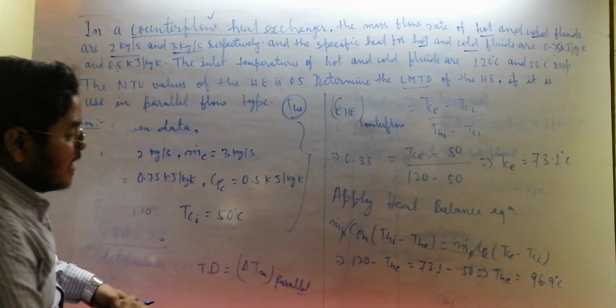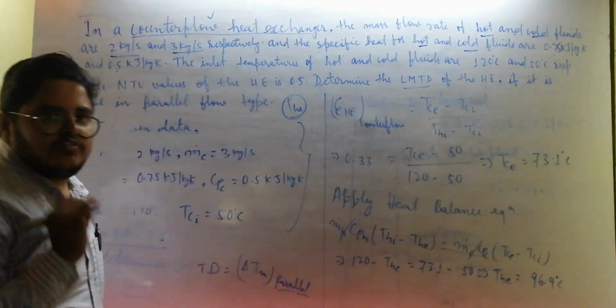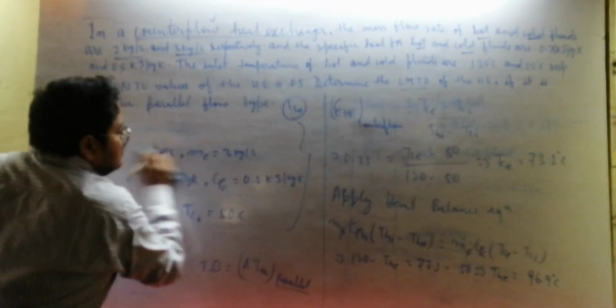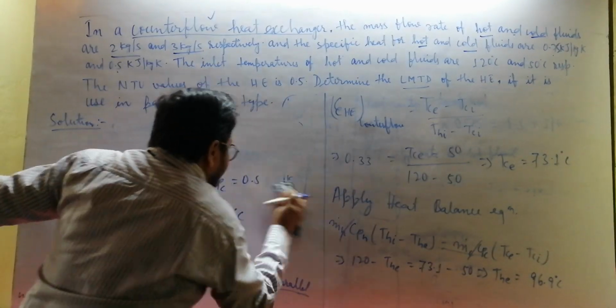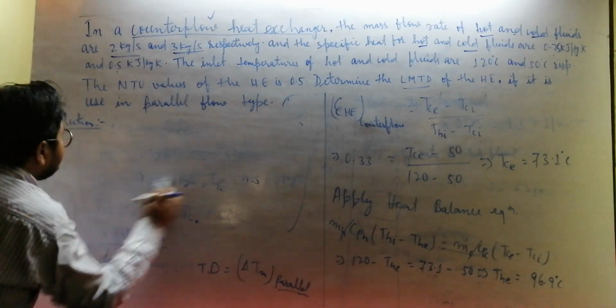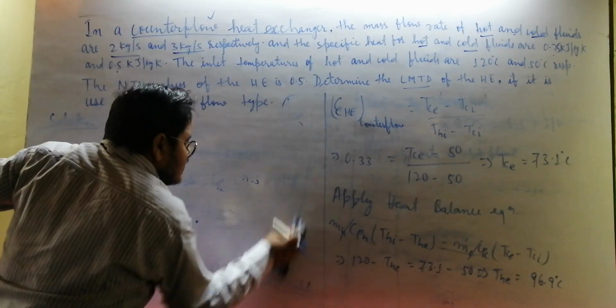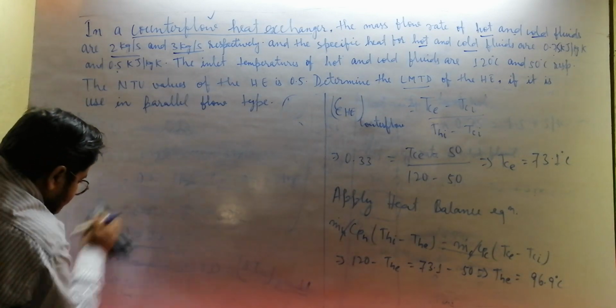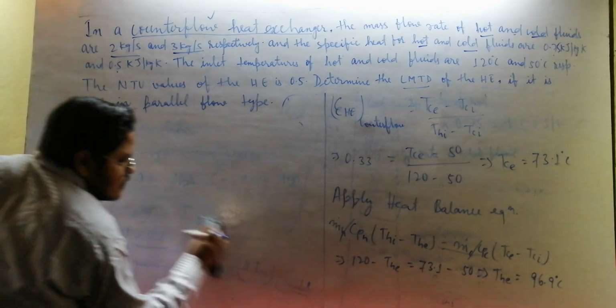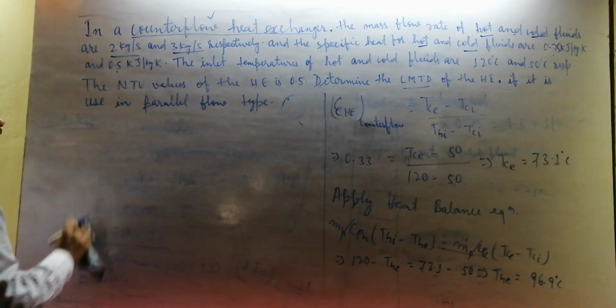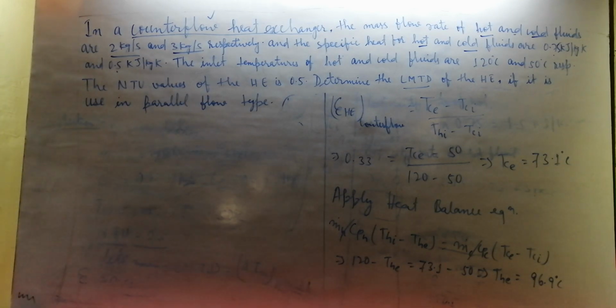Okay, LMTD for the parallel flow, not for the counter flow. This is the twist of the question. So I am finding out now the LMTD value of the heat exchanger if it will be used in parallel flow. First of all, I am drawing the temperature profile.